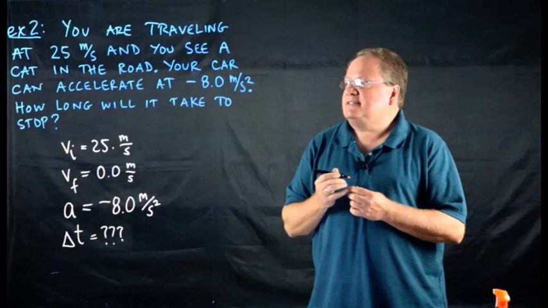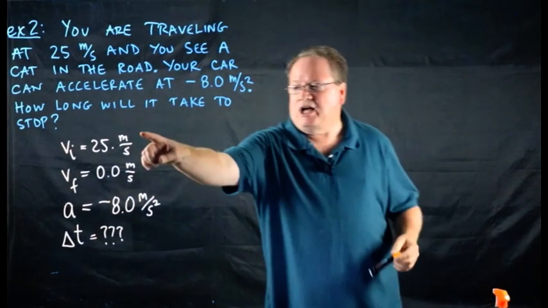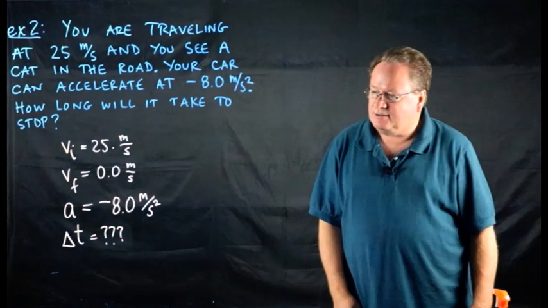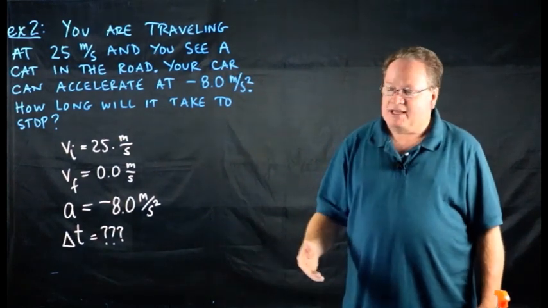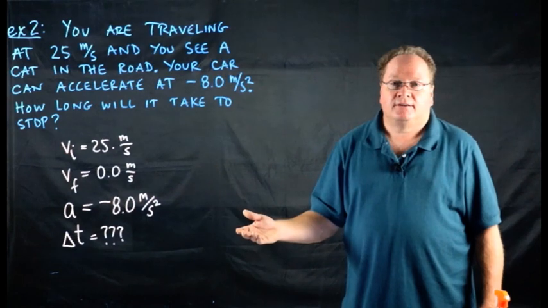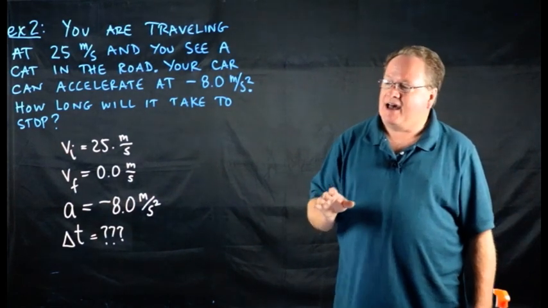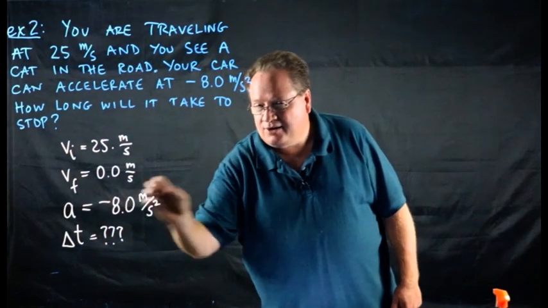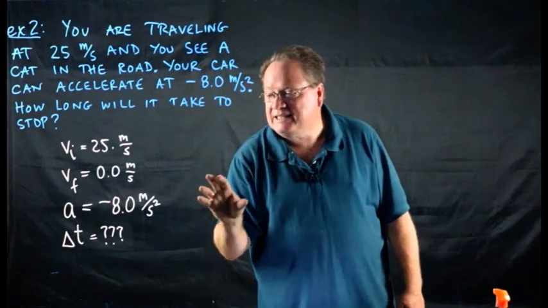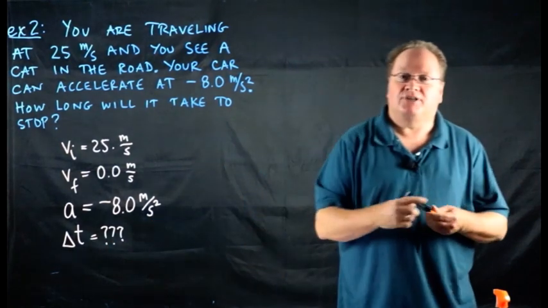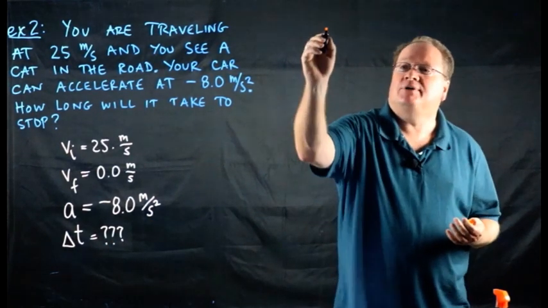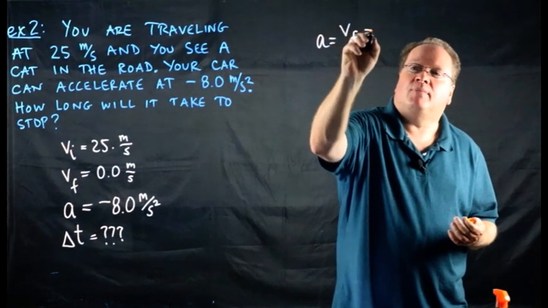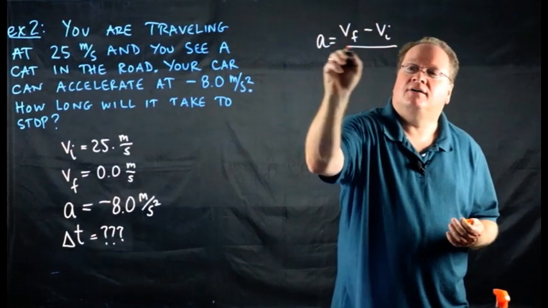So what they've given us are the 2 velocities, the starting and the ending, and they've given us the acceleration. What they're asking us for is, how long is it going to take? Now, if you look at the formulas you have, the only formula that has a in it, and where there's only one missing thing, is that acceleration formula that we've already looked at, which is a equals VF minus VI over delta t.